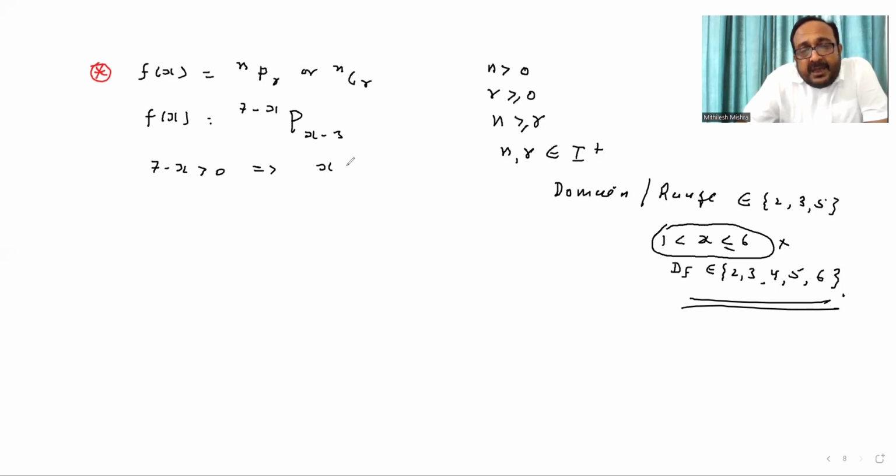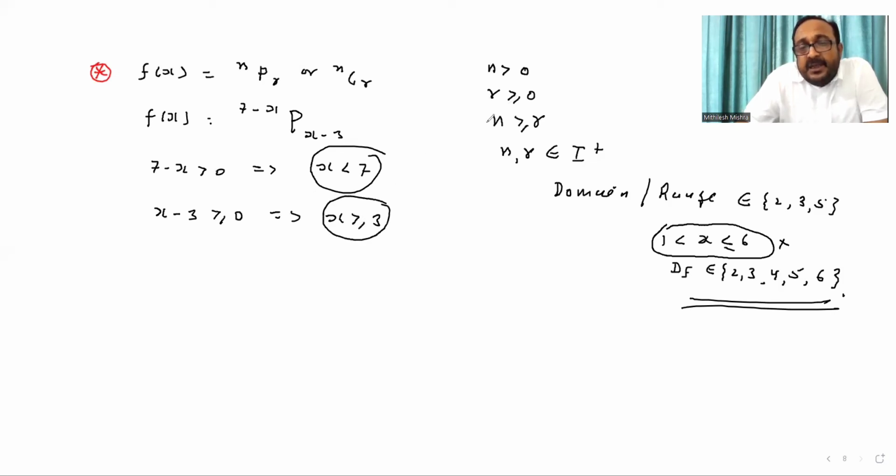So x will be less than 7, one point. r should be greater than or equal to 0. In place of r, you have x minus 3. So x minus 3 should be greater than or equal to 0, that is, x is greater than or equal to 3.